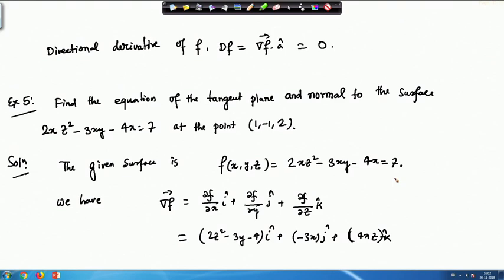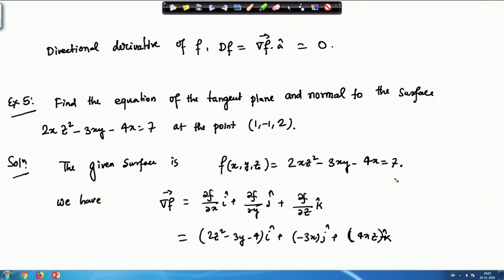So, this is our gradient of f, and now we have to calculate the tangent plane and the normal at the point 1, minus 1 and 2. Calculating the normal is not difficult, because we know that gradient is normal to the surface f(x, y, z) equals c.